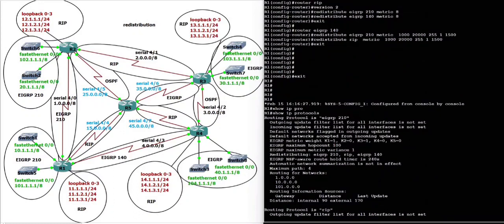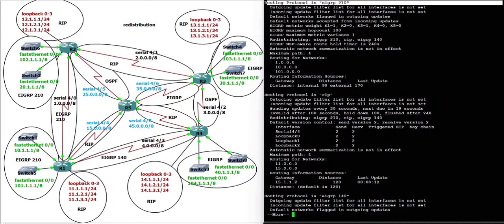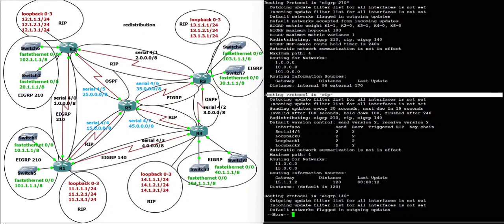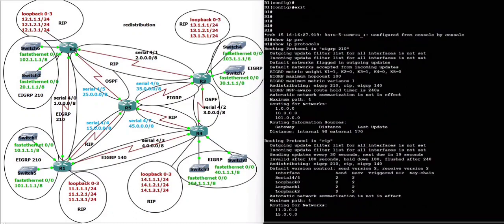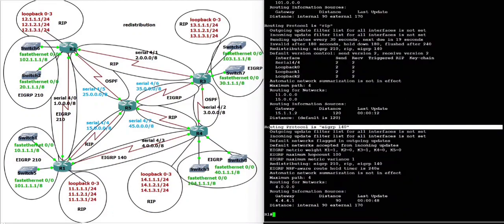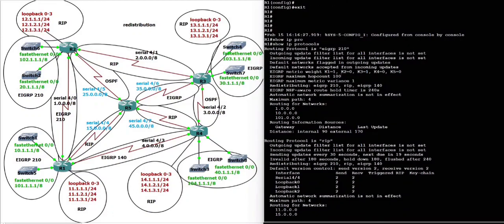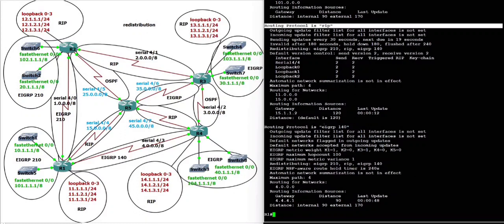Okay, here you see the routing protocol EIGRP 210, routing protocol RIP, routing protocol EIGRP 140. So okay, on router 1 here we have 3 routing protocols, EIGRP 210, RIP and EIGRP 140.